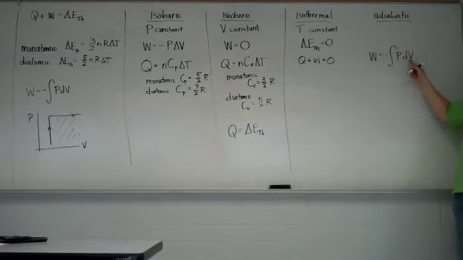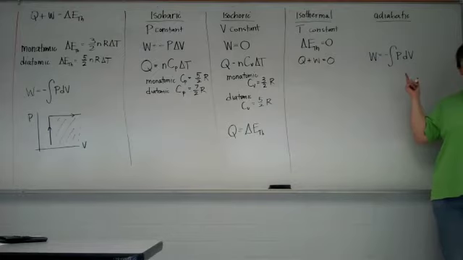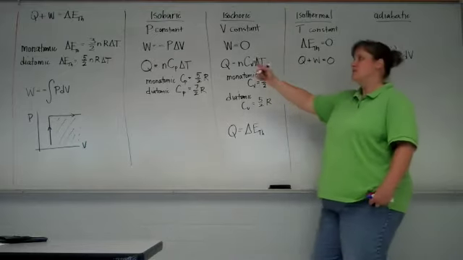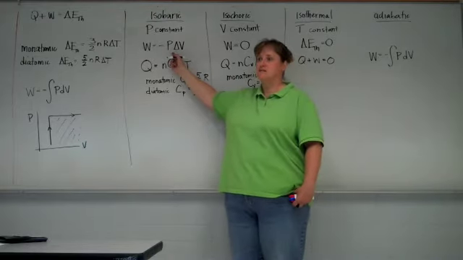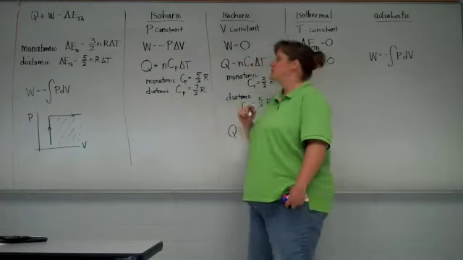But we can't integrate yet. We need to integrate with volume being our variable, so we need to write pressure in terms of volume. We need to know how pressure and volume are related so that we can integrate with respect to volume. Okay? It doesn't become P delta V, because P is not constant.